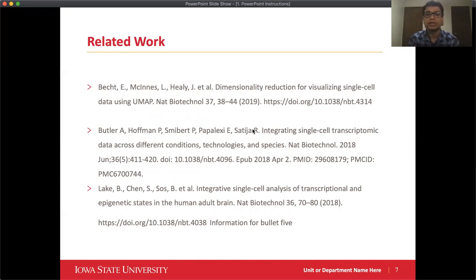And the second one is a paper which compares different technologies and the studies on different species. And this lab actually created an R package called Seurat, which is quite popular for single cell analysis. And the third paper is a single cell analysis of human brain tissue. And this is a good reference for the orphan genes exploratory analysis, which we are currently doing.